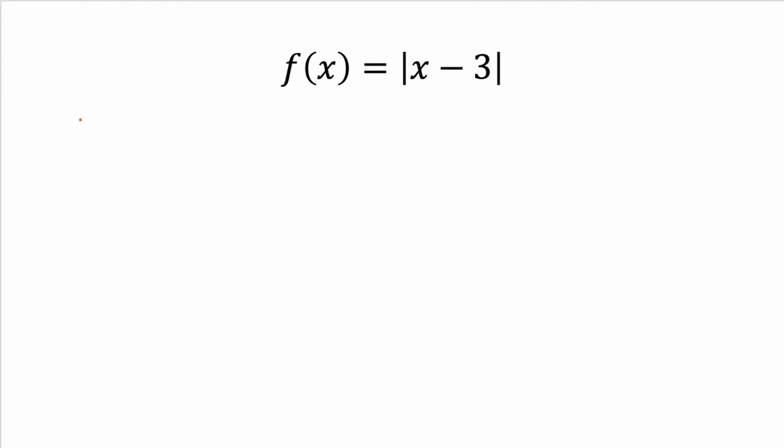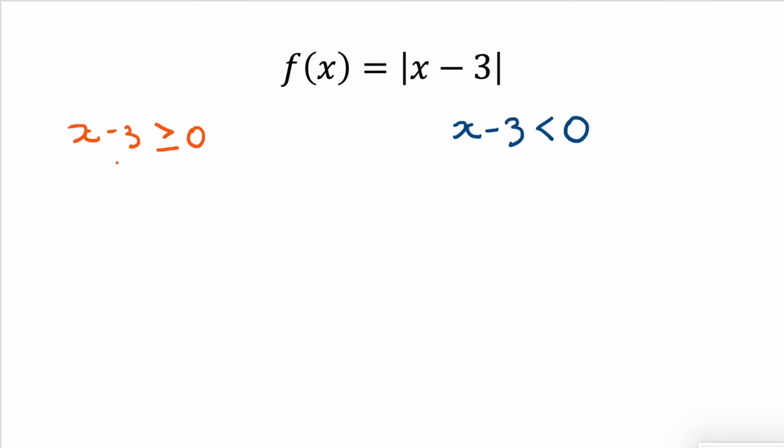Since we don't know if x minus 3 is a positive or negative value, we need to consider both cases. So case number 1 is if x minus 3 is in fact greater than or equal to 0, which means positive. Case number 2 is if x minus 3 is a negative value, less than 0.